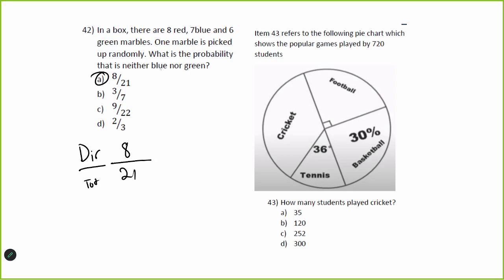Item 43 refers to the following pie chart, which I'm sure we probably did, of 720 students. How many students play cricket? Cricket, I believe this was 25 and this was 35, this was 10%. So let's check. That's 60 and 40. Yes, so this is 35. So we want to know how many students play cricket.